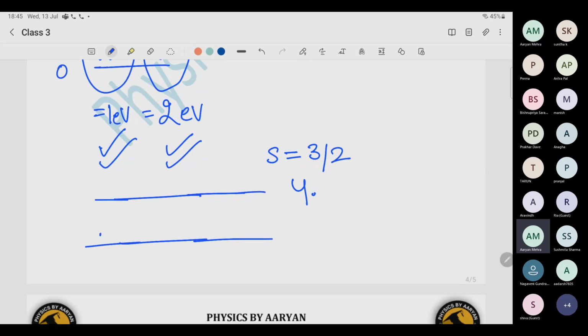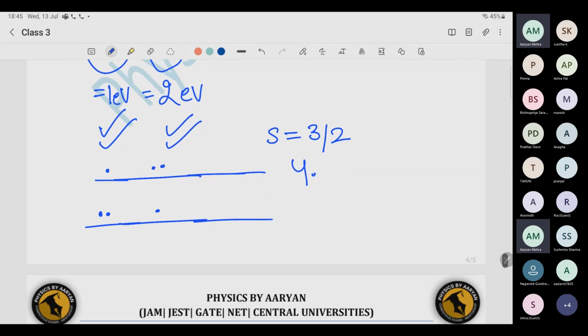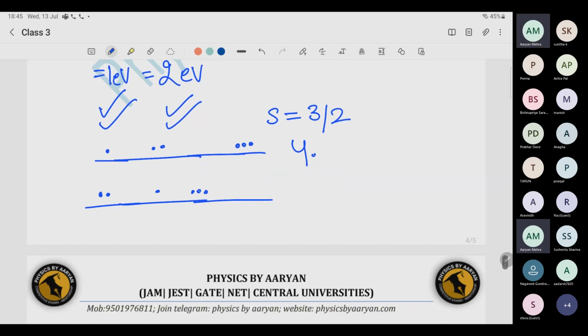You can put them like we did before, but now there is one more option: we can put all 3 in one state only. So these 2 extra are added, and the total number of ways becomes 4.